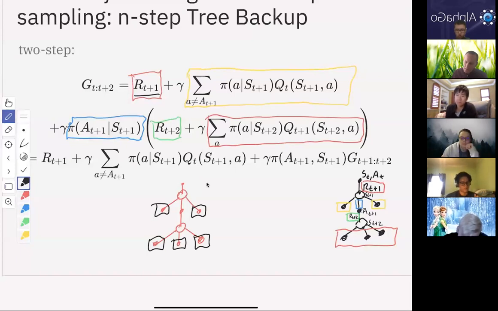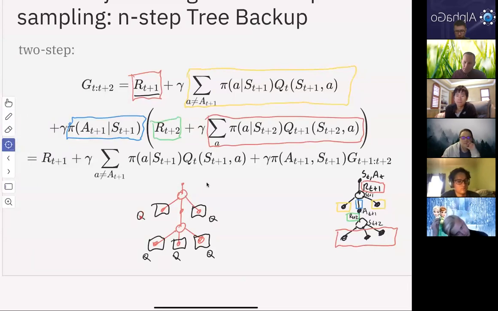So we have all these different Q values: Q for this, Q for this, Q for this. We know the state of this Q is this state, and the action of this Q is this action here. We know the state of this Q is the state over here, and its action is this action. So we know what Q values to get, and then the question is, how much do we weight them?